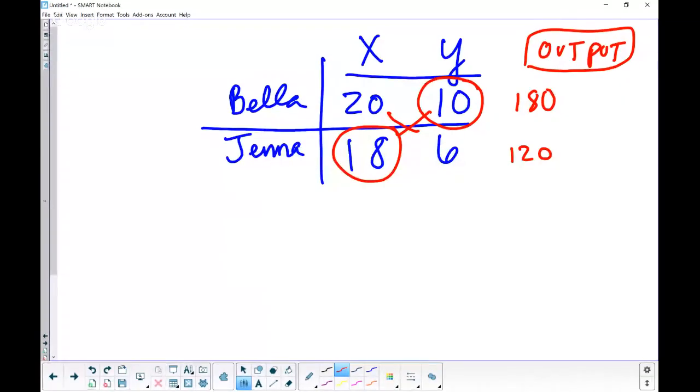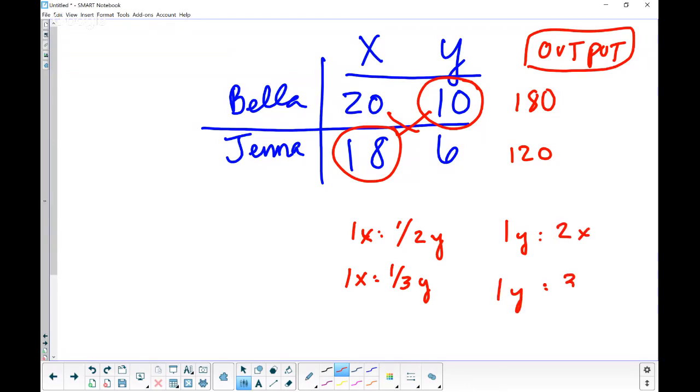Now, if we want to go through the process, let's take a look here. So for Bella to produce X, her opportunity cost is 1X for 1/2 of a Y. And then down here, Jenna, 1X for 1/3 of a Y. And for them to produce Y, it's 1Y for 2X and 1Y for 3X.